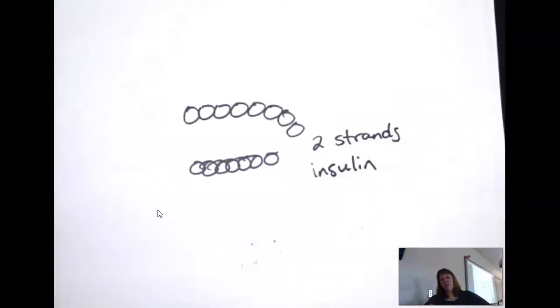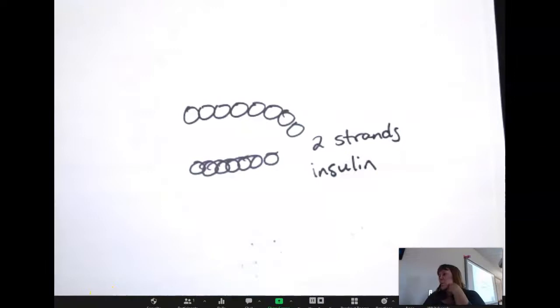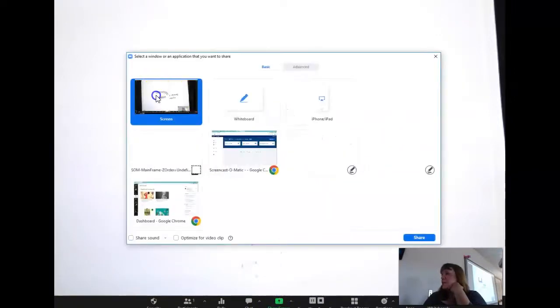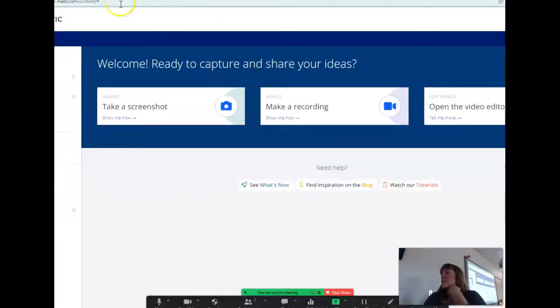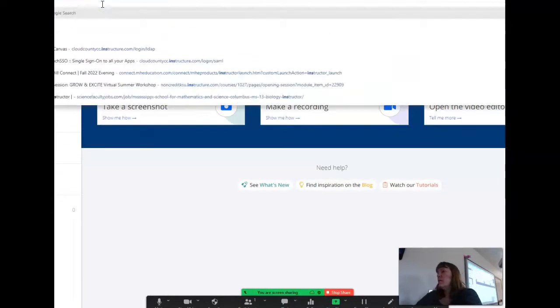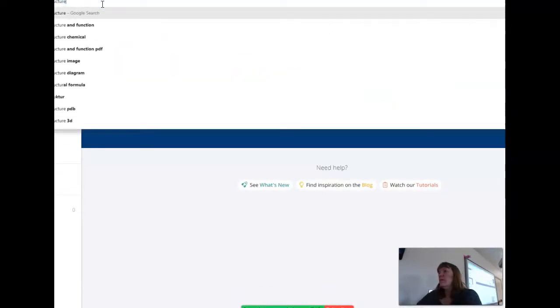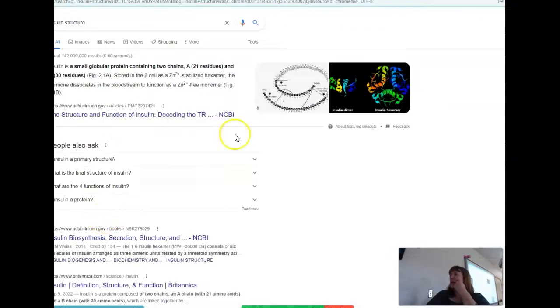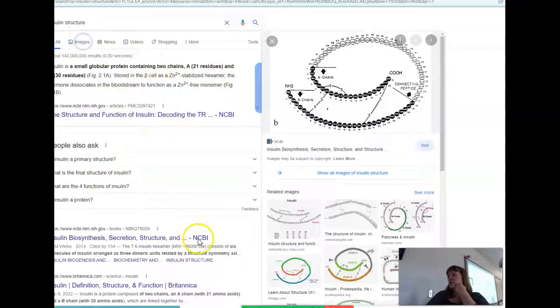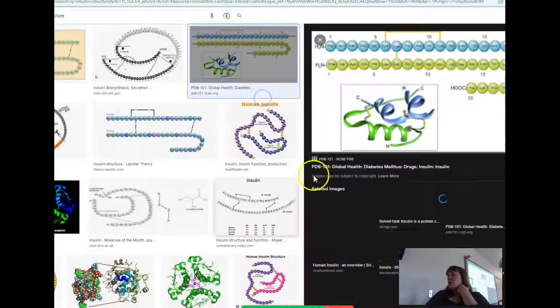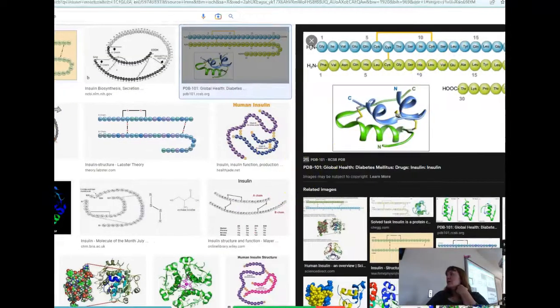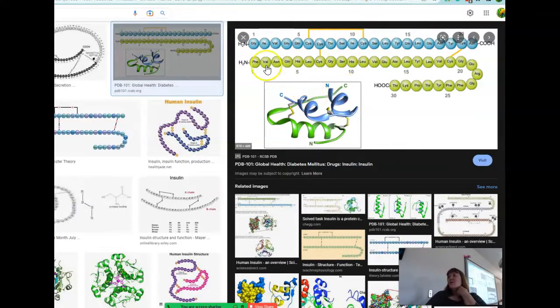So we can look that up so that we can get it more accurate. Yeah, so here's some really pretty pictures. So again, our DNA is coding for the order. So if I give you this string of beads, that is primary structure.